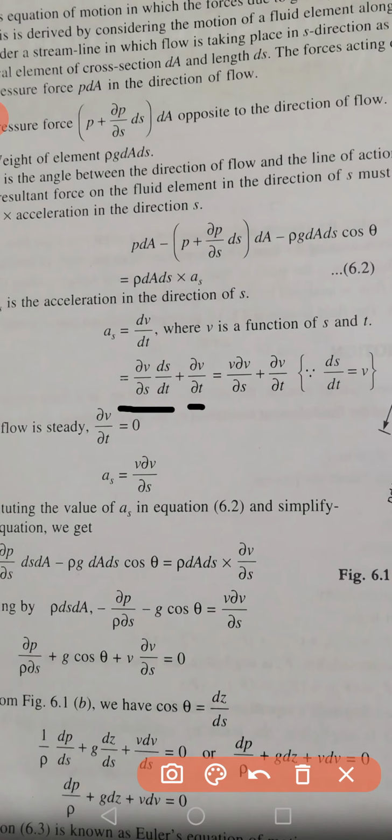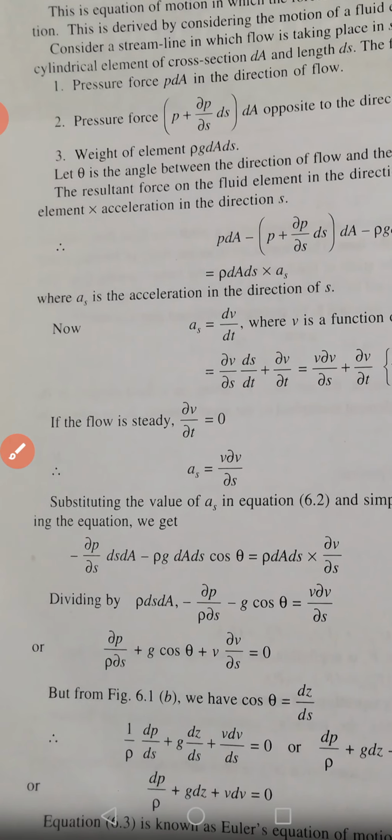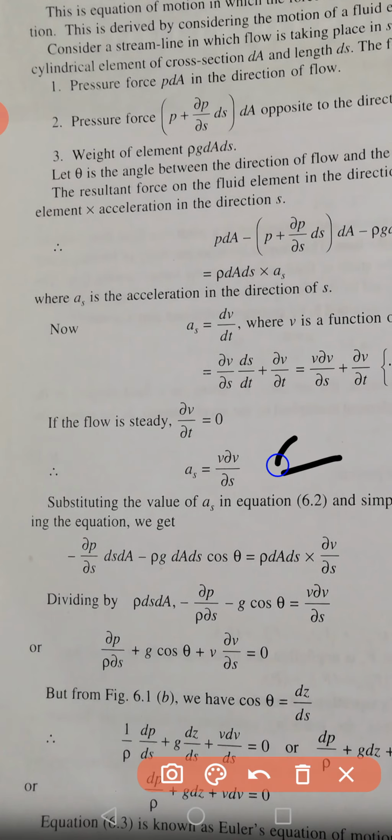Thus the equation for acceleration will be del v upon del s into ds upon dt plus del v upon del t. And since the flow is steady, that means there is no change in the velocity with time, therefore del v upon del t will be equal to 0, and hence the acceleration will be v del v upon del s.